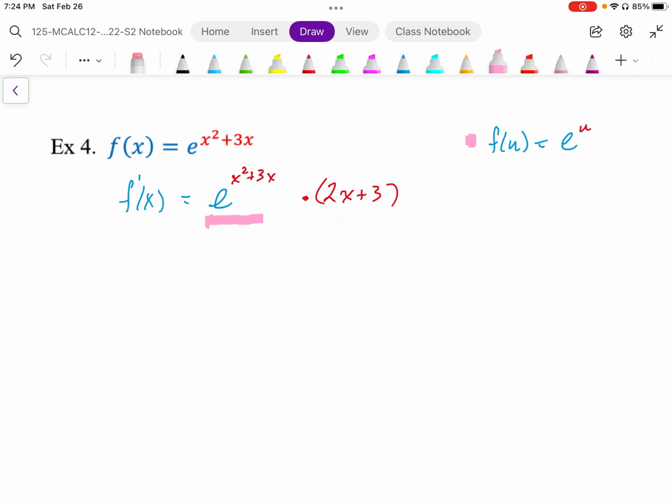And then the inside derivative is going to be the derivative of this u function, which is x squared plus 3x. Okay, let me just clear that up. So x squared plus 3x. So then the derivative of that part is showing up. Okay, so the derivative of this part just shows up down here.